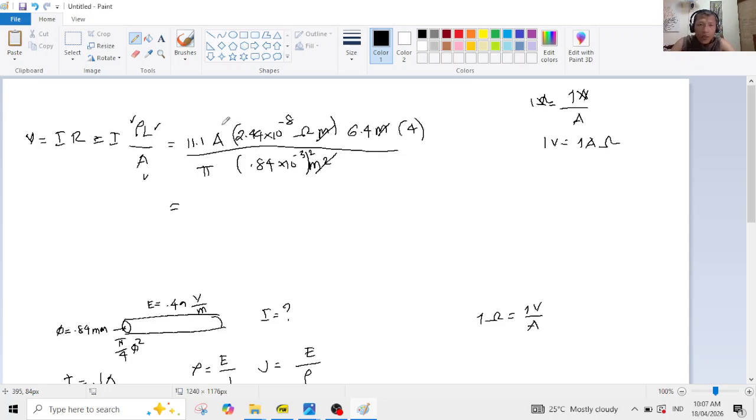So we just substitute. I have 11.1 times 2.44 exponent negative 8 times 6.4 times 4, and in the denominator, π times parenthesis 0.84 exponent negative 3, squared.